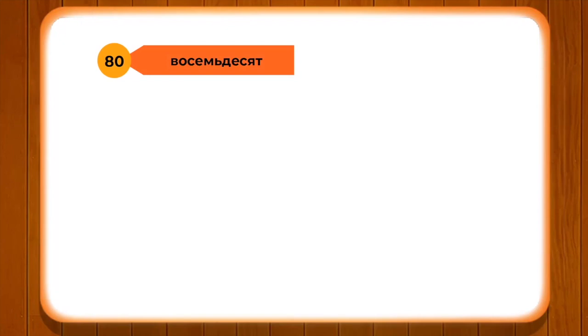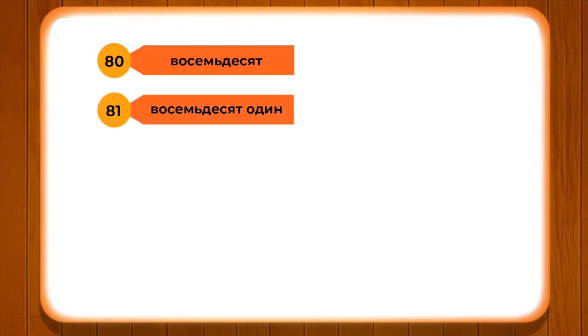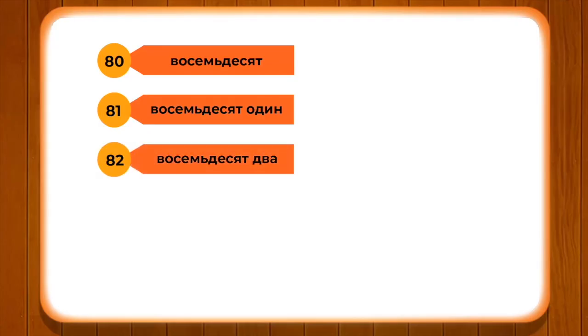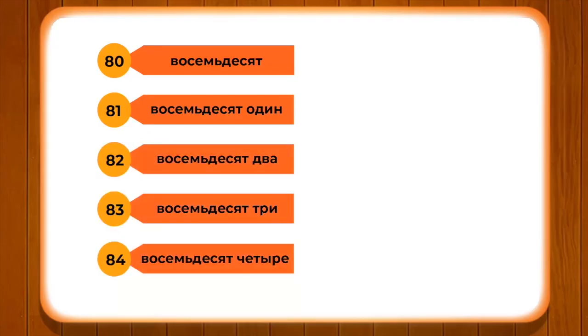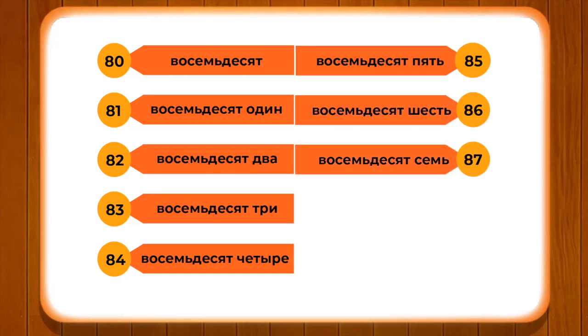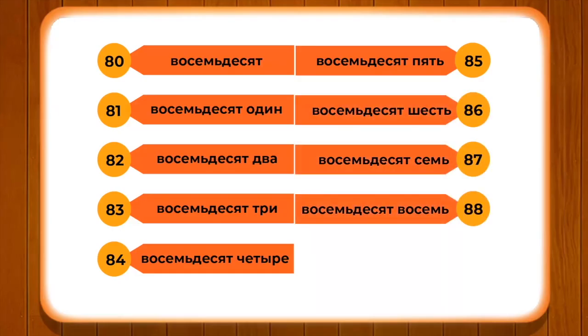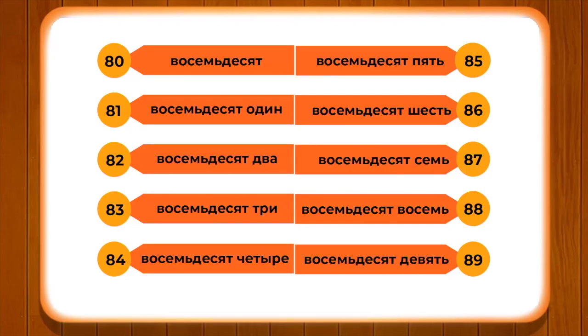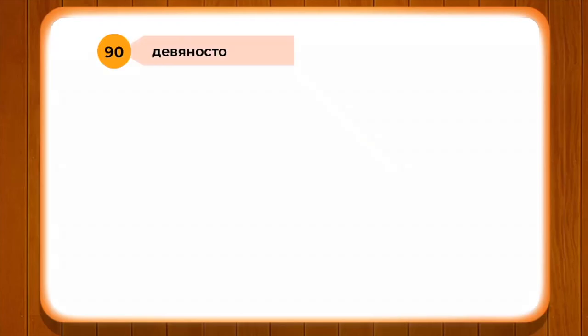So for 80 we have 80. So 81, 82, 83, 84, 85, 86, 87, 88, 89 and then 90. 90 is 90. From 91 to 100 you can also please pay attention to the words which I am going to count for you.